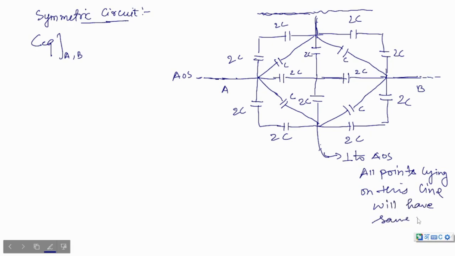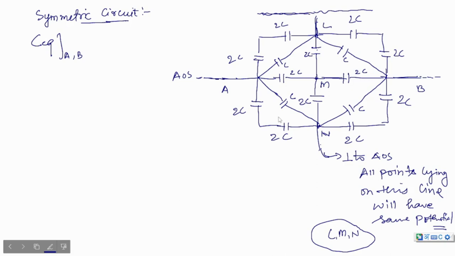This is the approach for doing this problem, right? So if you consider these points as L, M, N, then L, M, N will have the same potential. If they have the same potential, then you can remove these two capacitors, this 2C and this 2C.